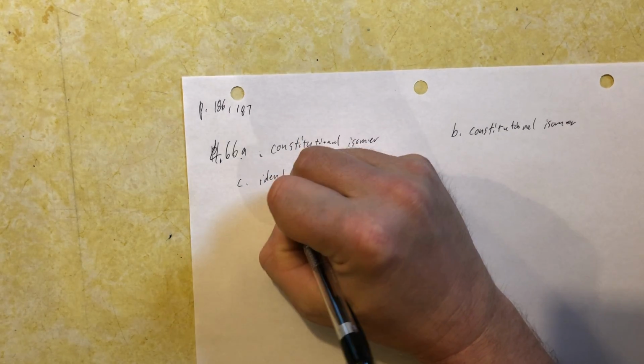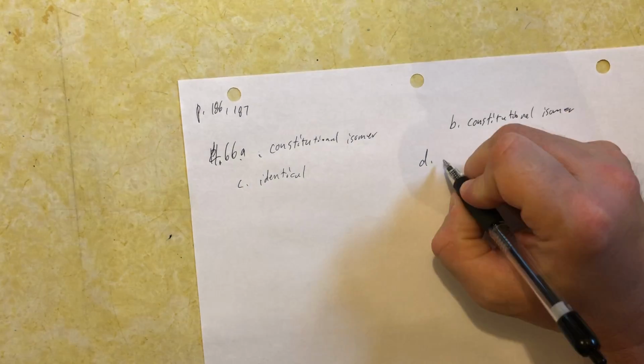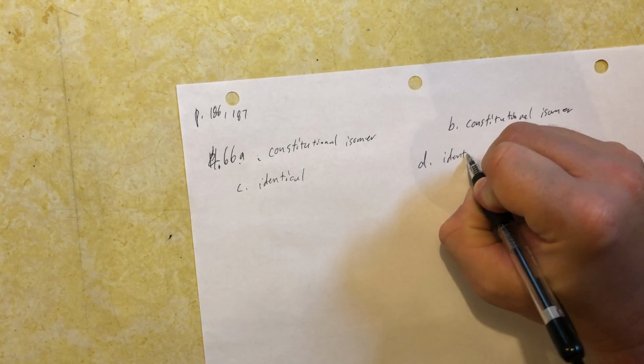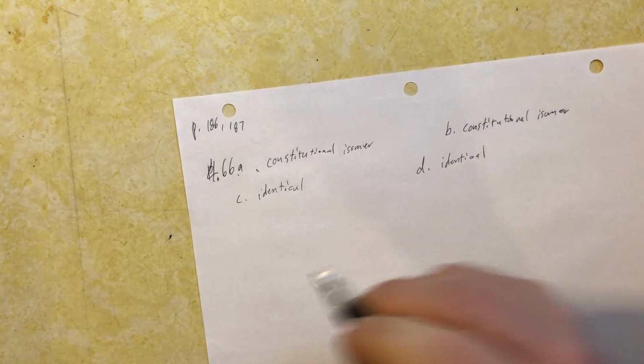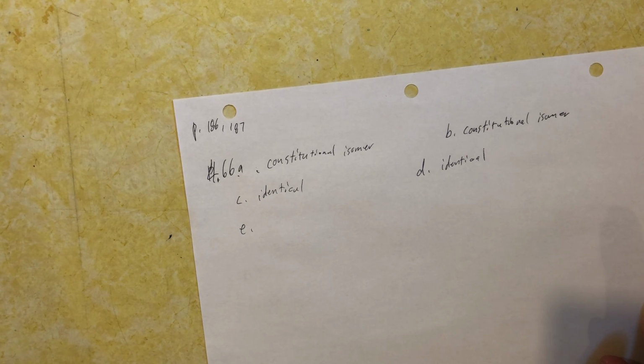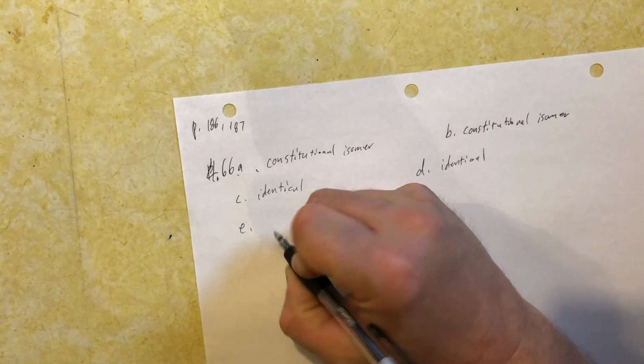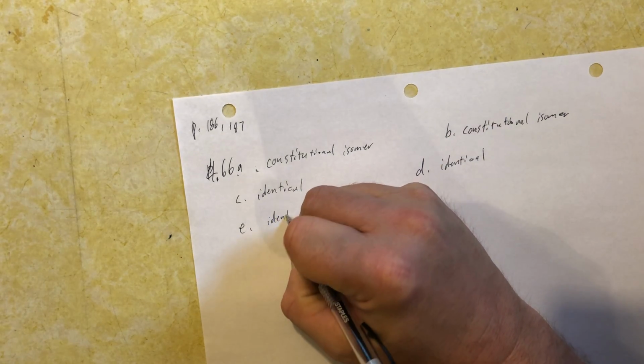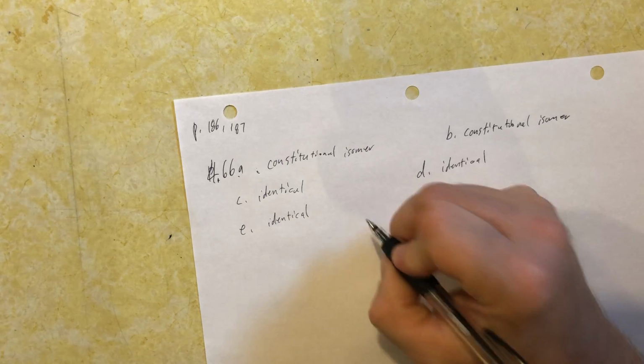For C, I came up with that's the same thing. It's identical. For D, when you cross the page, I came up with that one is identical. Same thing. E, I came up with that was the same thing. It's identical. It's just flipped over like a pancake.